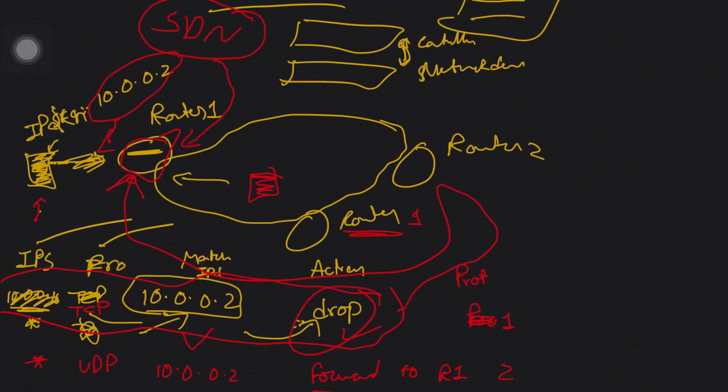And one more thing. So let us take for example, this is TCP, UDP, and this is like 10.0.0.2. So this is rule 1, right?